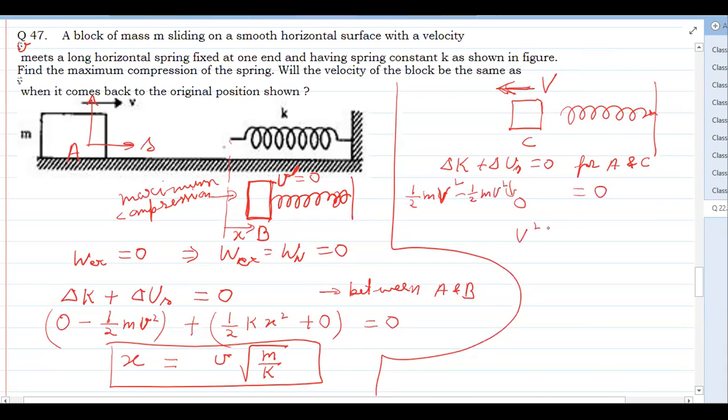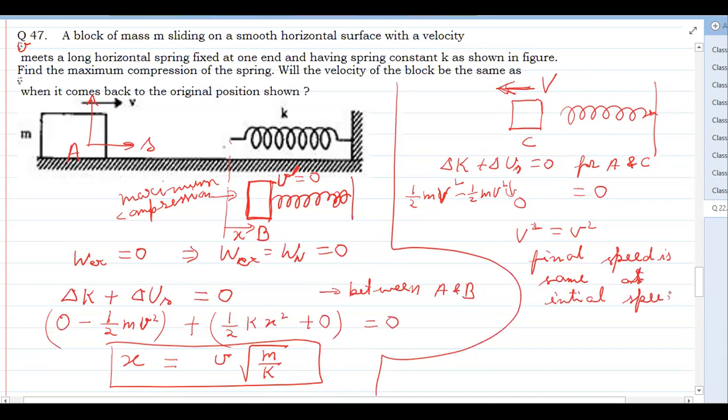So capital V square equals small v square. This gives the idea that the magnitude of velocity is the same, because the squares are the same. So the final speed is the same as the initial speed.